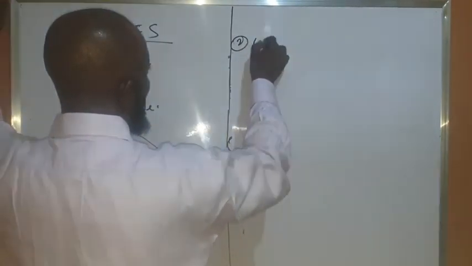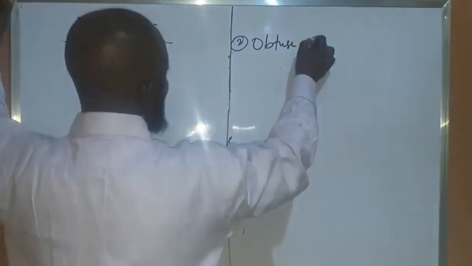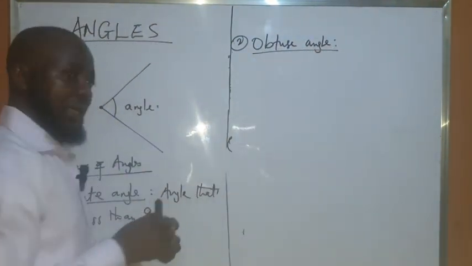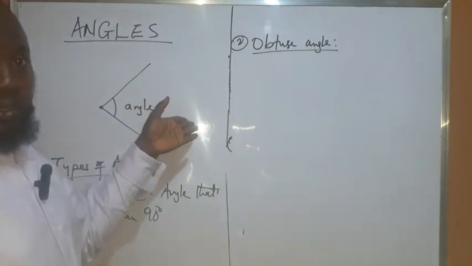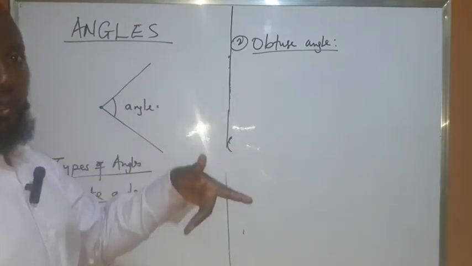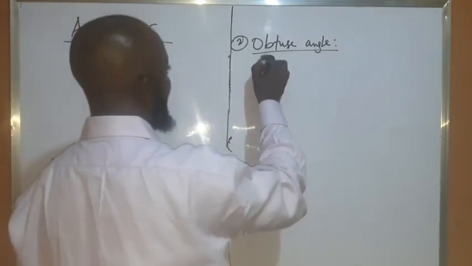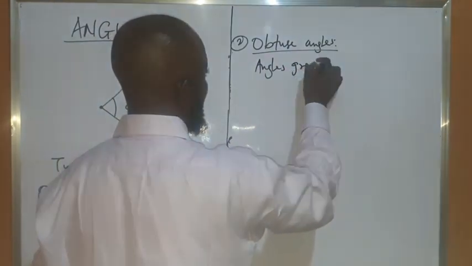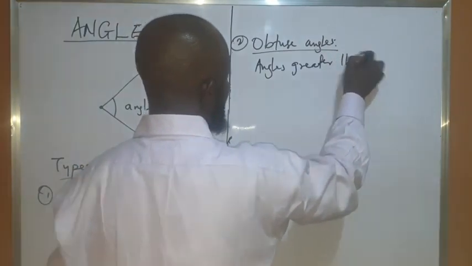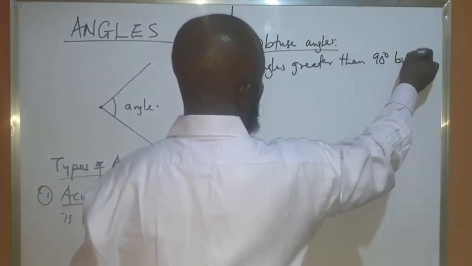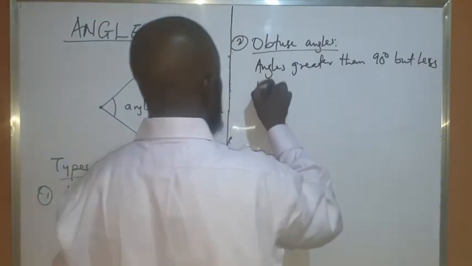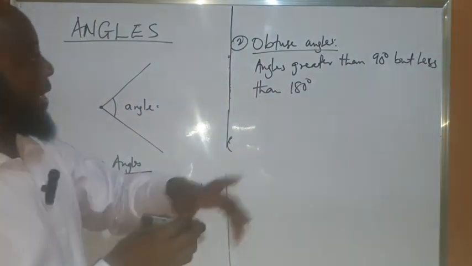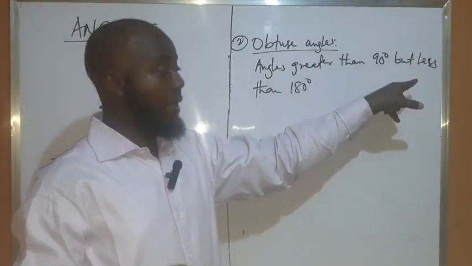The second one is the obtuse angle. An obtuse angle is an angle that is greater than 90 degrees but less than 180 degrees.